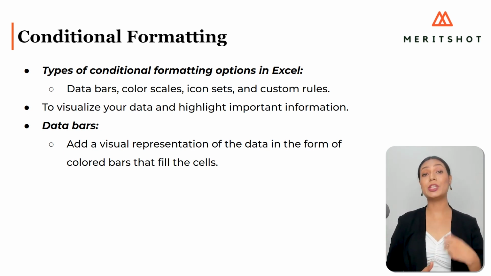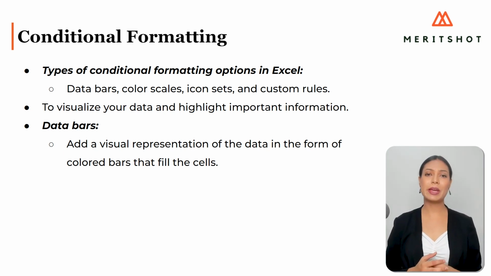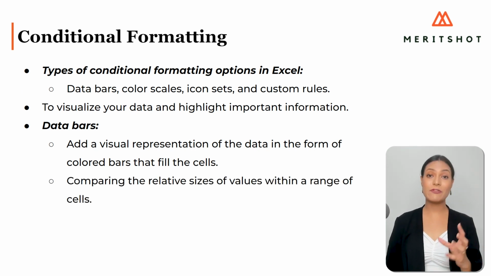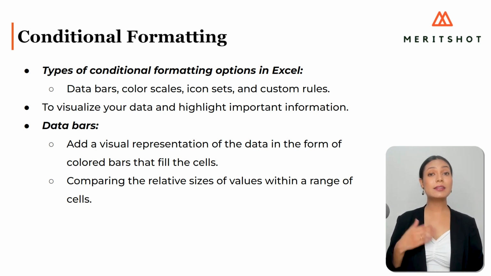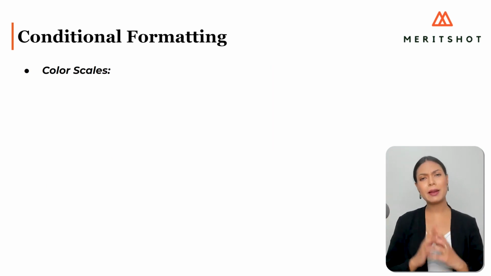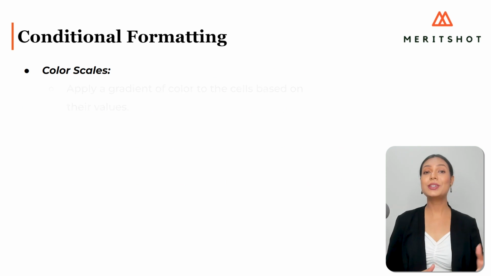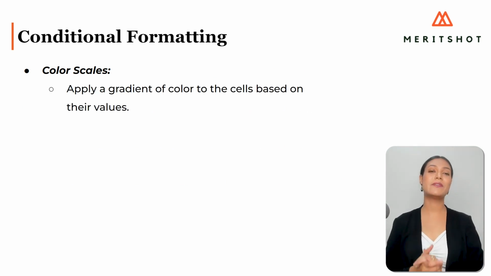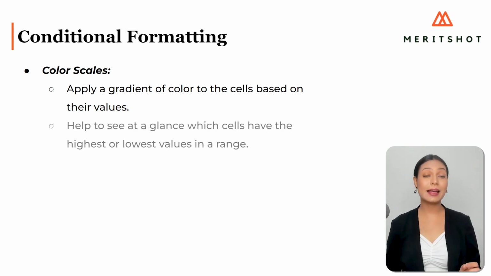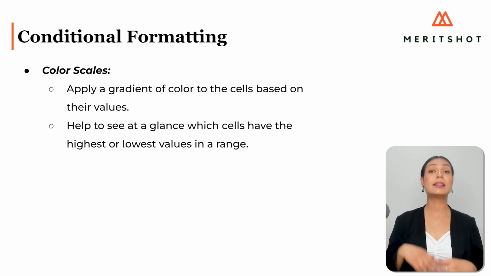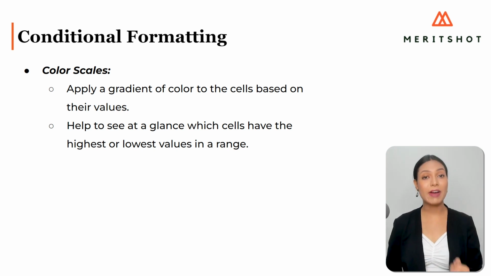These bars can be useful for quickly comparing the relative sizes of values within a range of cells. Color scales, on the other hand, apply a gradient of color to the cells based on their values. This can help you to see at a glance which cells have the highest or lowest values in a range.